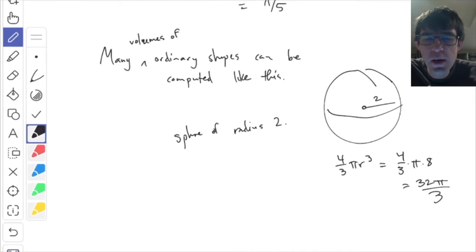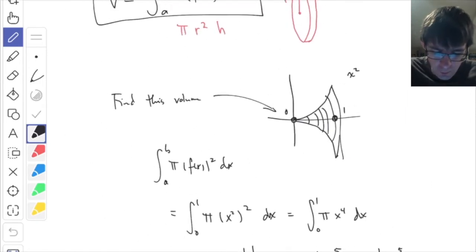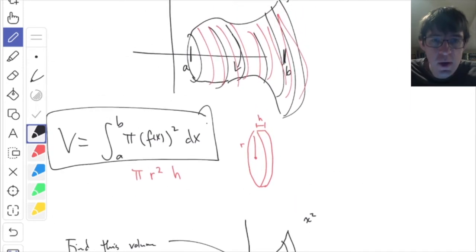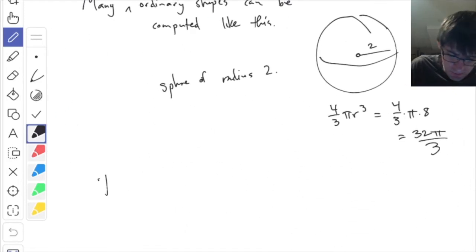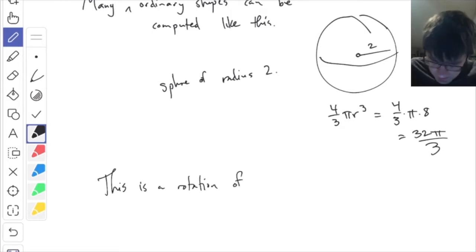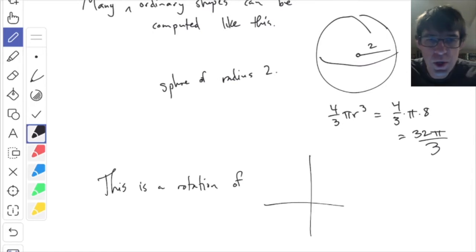You have to think of this sphere as the result of rotating some function around the x-axis, right? Because this formula here is only good for a shape which is produced by rotating something around the x-axis. So I'm going to say this sphere is a rotation of what is the function which gives you a sphere when you rotate it around the x-axis?